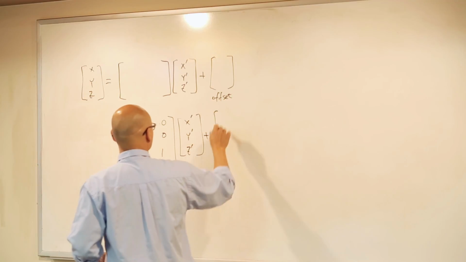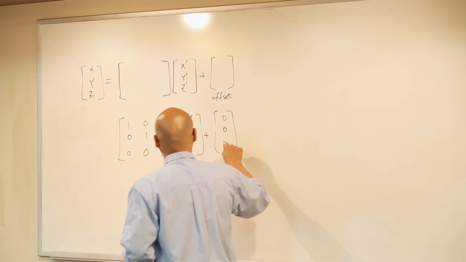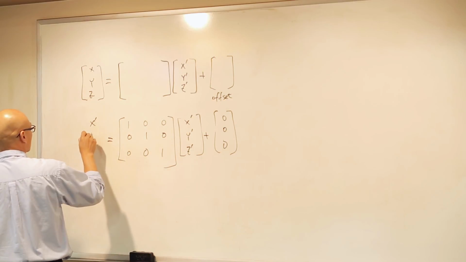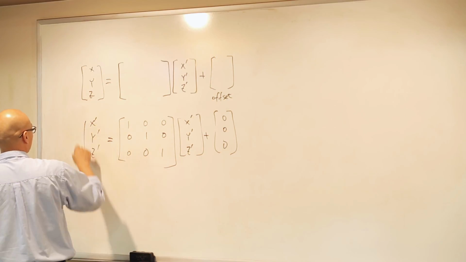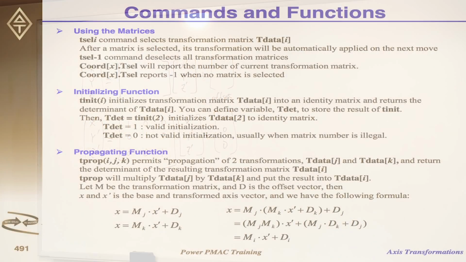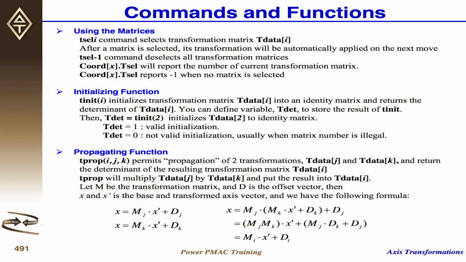Of course, it will set all the offsets to 0. Because this is the same thing as this, so it doesn't do anything. So usually before you put things into a matrix, we initialize it to make sure there's nothing being done in the transformation matrix, and after that we put the numbers in.